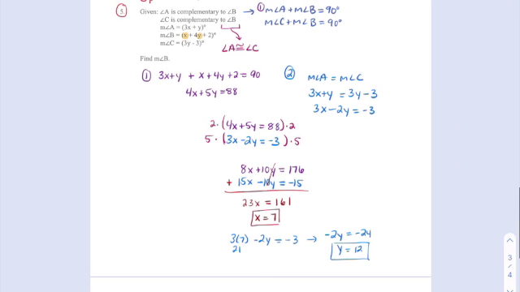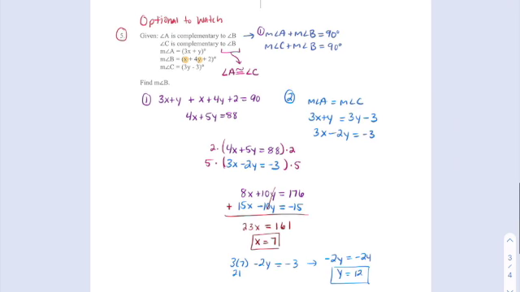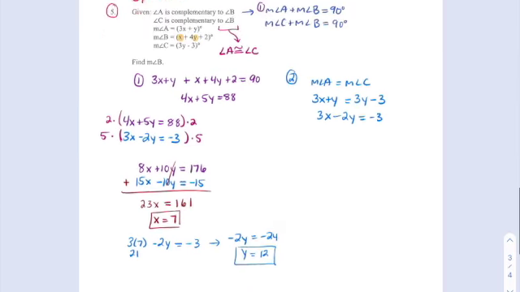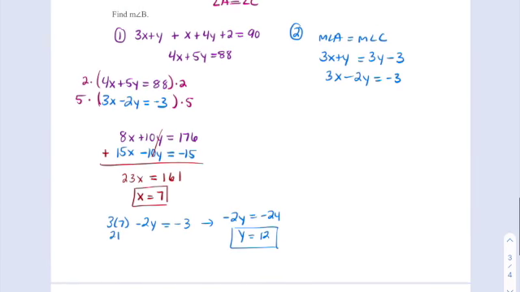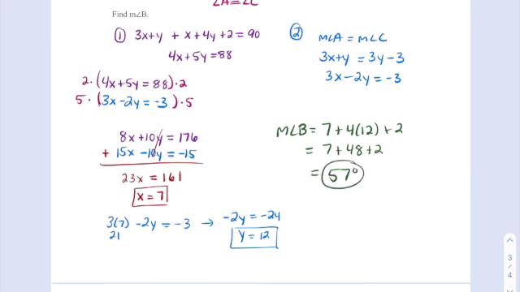Now that I've spread out with all of my work, what is our goal? Our goal is to find the measure of angle B. So I'm going to move everything over here. The measure of angle B is 7 plus 4 times 12 plus 2. 7 plus 48 plus 2 ends up giving us 57 degrees.